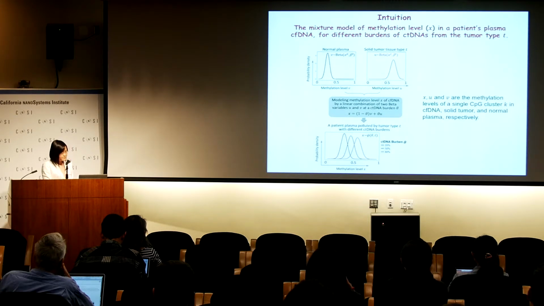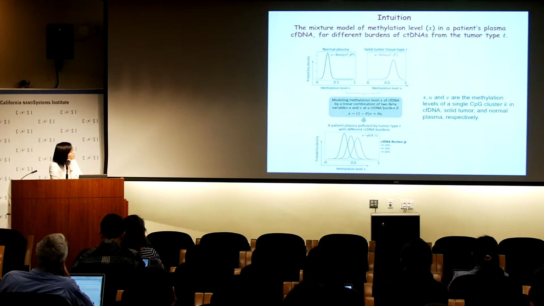So the intuition can be seen very clearly. You have the beta distribution for a CpG site, and then you have a beta distribution for the same CpG site from tumor type T. And you can see these two distributions can be mixed by the tumor DNA fraction theta.